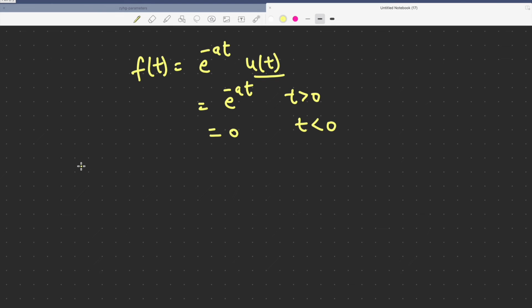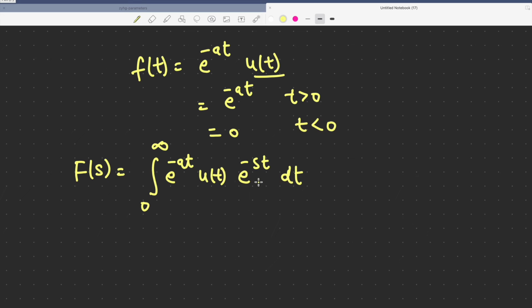So if you apply the formula, it is the integral from 0 to infinity of this function e to the power minus at u(t), then e to the power minus st dt. So this is our basic formula for this. Apply that and then integrate it.